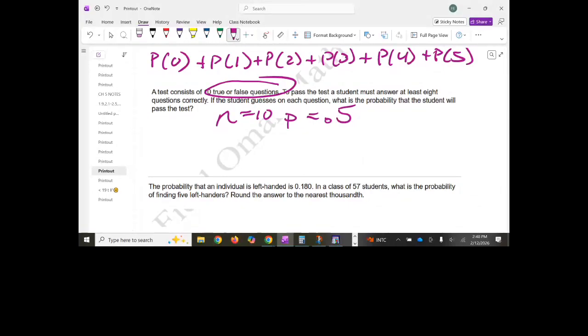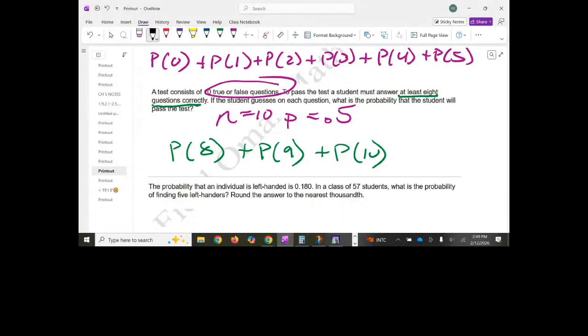Now, y'all, in order for us to pass the test, we have to answer at least 8 questions correctly. How many questions are on the test? 10. So doesn't that mean in order for us to pass, if we get 8, we passed? But doesn't it mean also if we got 9, we passed? And if we got 10, we still passed? So y'all, what I'm going to do here, I'm going to find my probability for 8, 9, and 10. I'm going to walk you through the process how I'm going to do this, y'all.